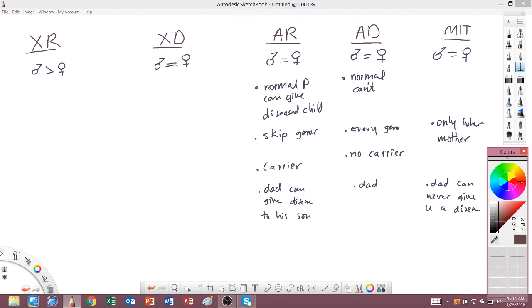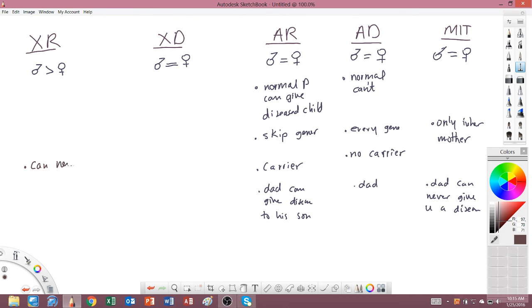Let's go here. X-linked recessive. Let me put it this way: dad can never give the disease to his son.